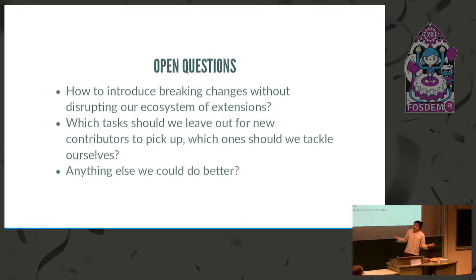Revamping the stack means breaking compatibility with these extensions. How can we do that in a better way? How can we make sure we're not putting too much strain on the developers of these extensions? If you have any idea, let us know.